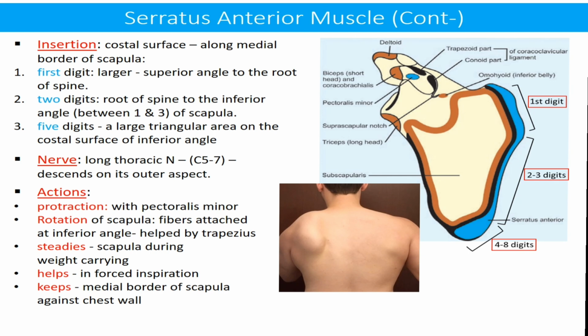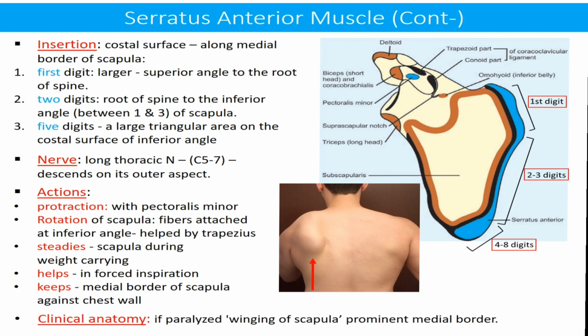Serratus anterior steadies scapula during weight carrying, and it helps in forced inspiration, and it keeps medial border of the scapula against the chest wall. If this muscle is paralyzed, winging of the scapula, that is prominent medial border of the scapula, occurs.